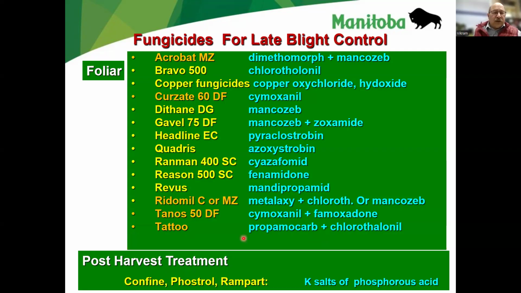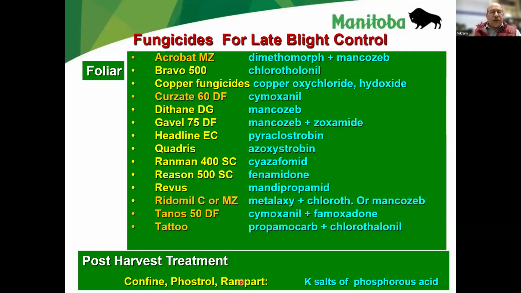There is a post-harvest treatment possible for potatoes, but I am not sure if there is much use in tomatoes. But this can be used as a foliar spray as well: the Confine, Fosetrol, and Rampart.